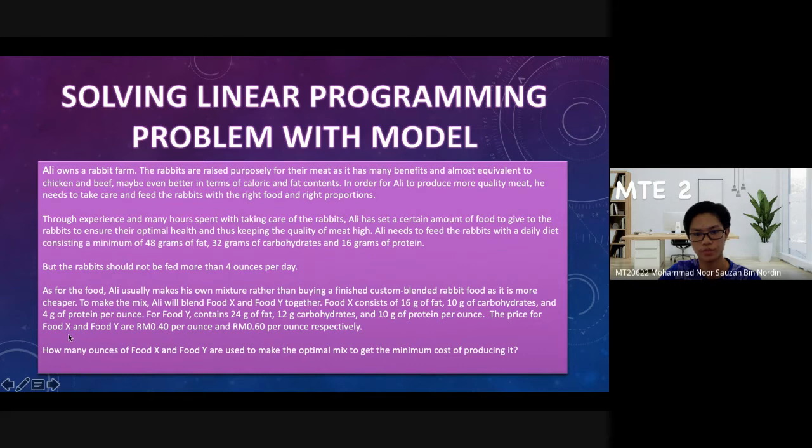The prices for food X and food Y are 40 cents per ounce and 60 cents per ounce respectively. So the question is, how many ounces of food X and food Y are used to make the optimal mix to get the minimum cost of producing it?